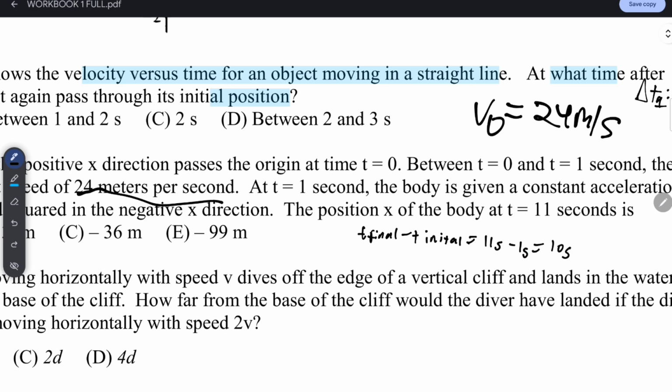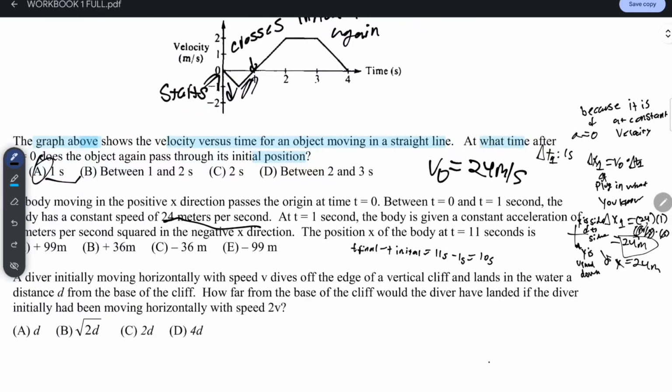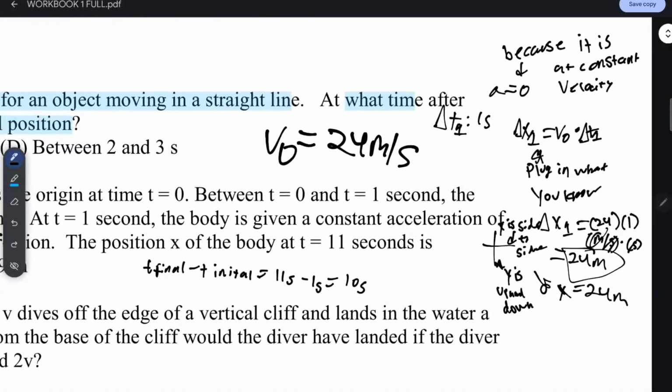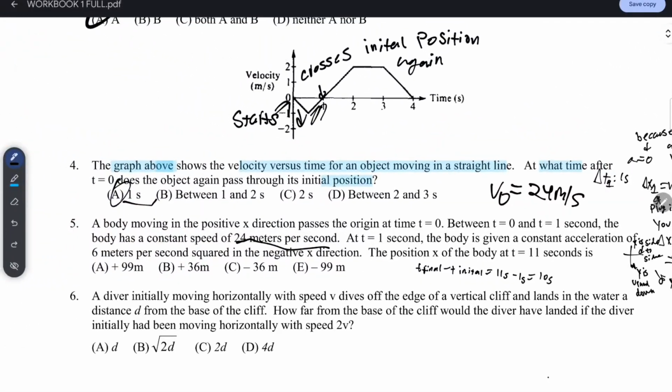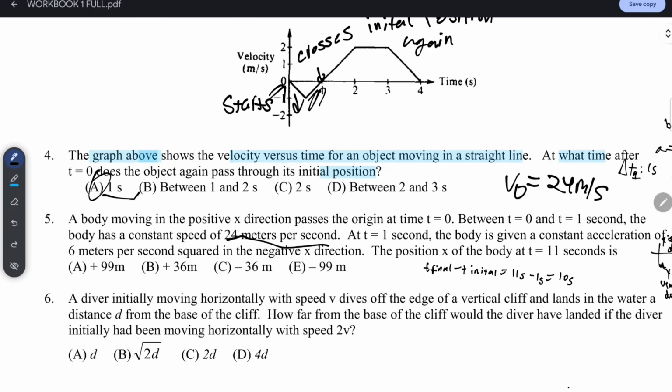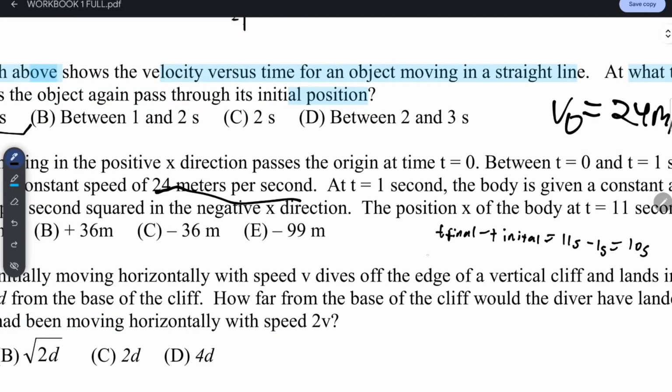Okay, so our acceleration is -6 meters per second squared.